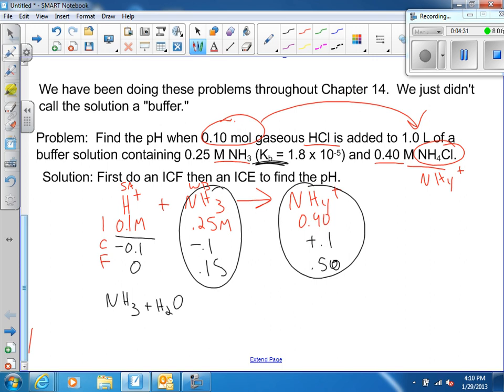Whenever you have a Kb, you'll always use your weak base plus water, and we'll make the conjugate weak acid and hydroxide. We just showed that NH3, ammonia, is going to form hydroxide. That's why it's a weak base, because it forms hydroxide in solution. And we use our initial concentration from the ICF box. So the NH3 was 0.15, the NH4 plus was 0.50. This is 0. We don't worry about water.